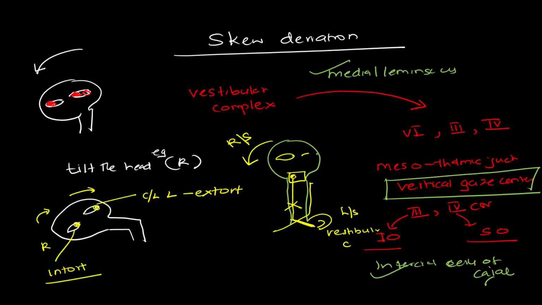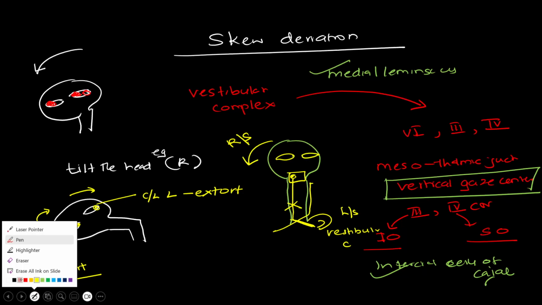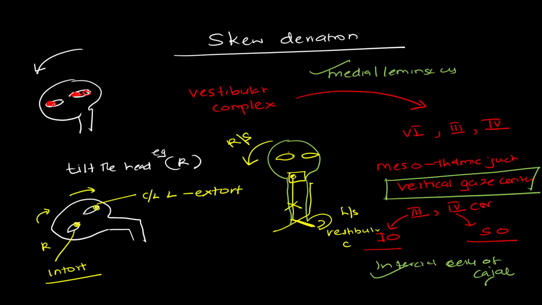But if this is seen in a normal person, then we know that this is deranged, and this is not something normal or what we are accustomed to seeing. So what you see is a disrupted eye alignment where one eye would be up and above in an intorted position, which is the right, and the other would show something below, something that has been depressed and extorted, which is the contralateral eye.